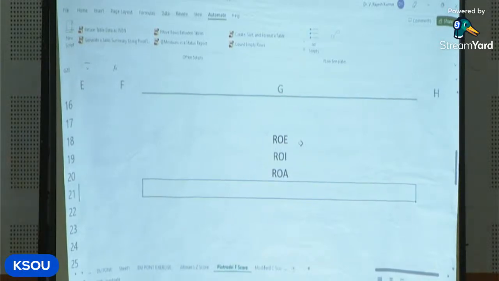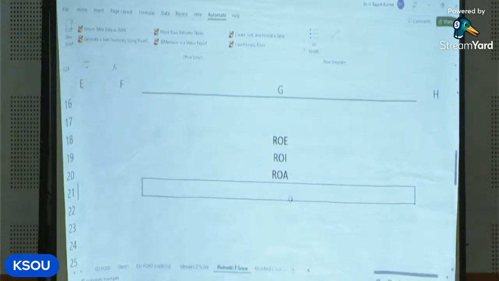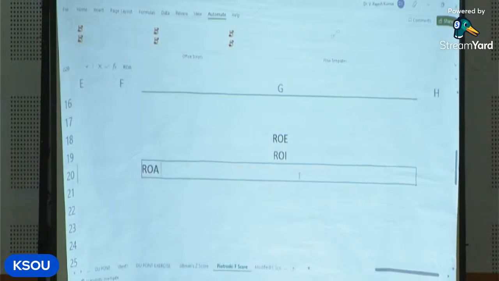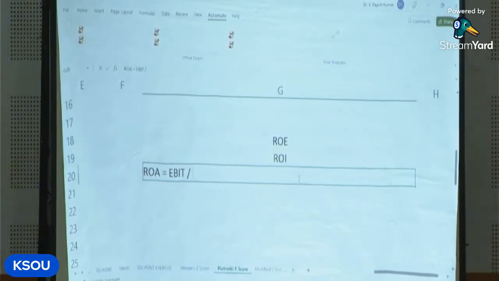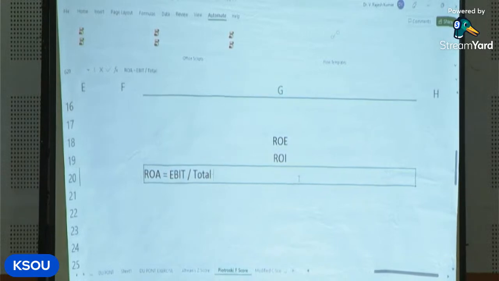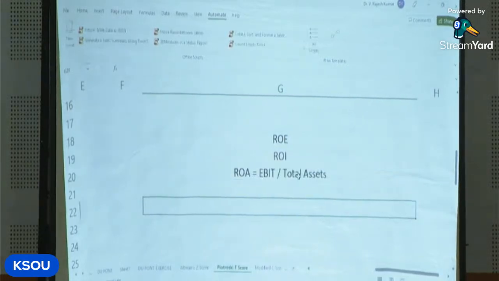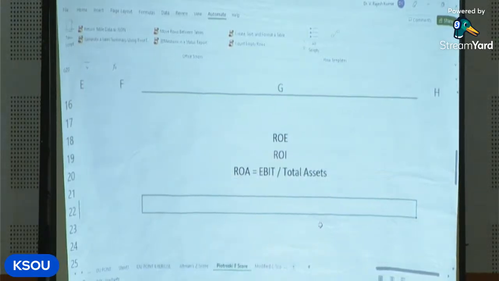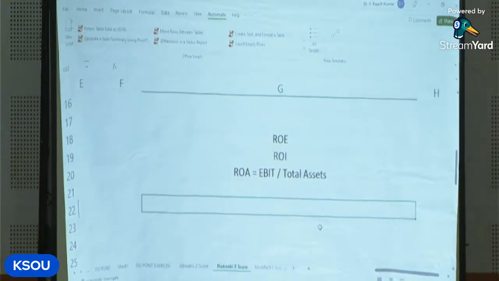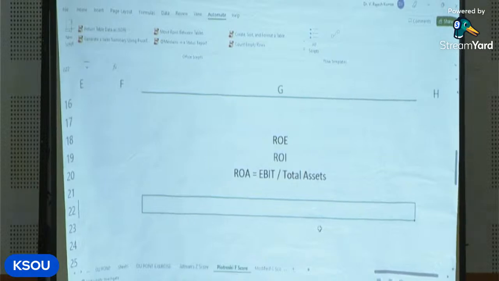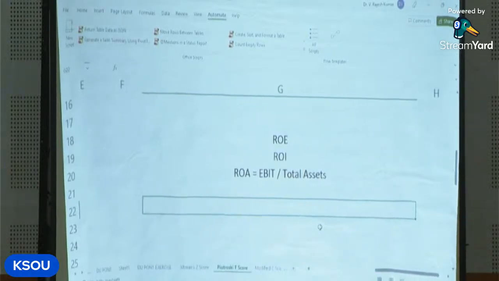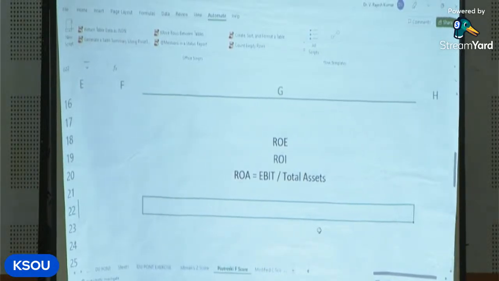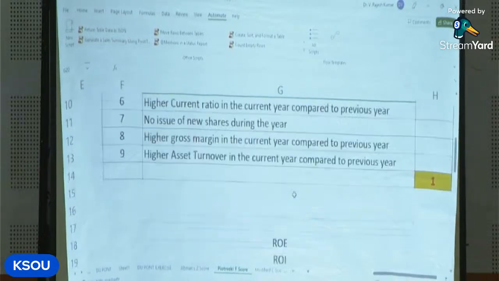EBIT divided by total capital employed. ROA is similar. It is EBIT by total assets. And what's the difference between total capital employed and total assets? Total capital employed will always take only long-term capital, correct? Total assets, it's not the same.